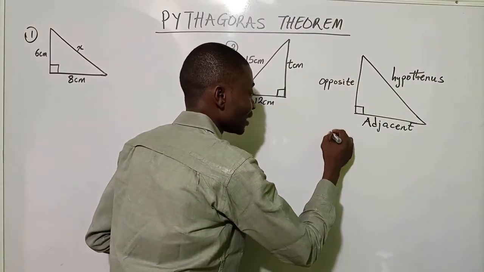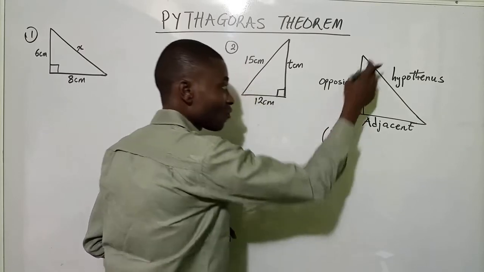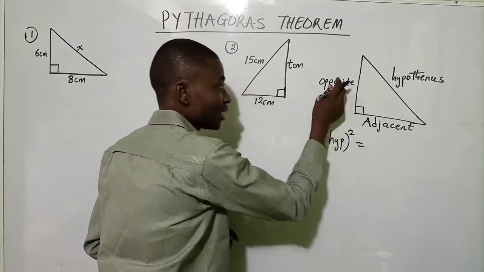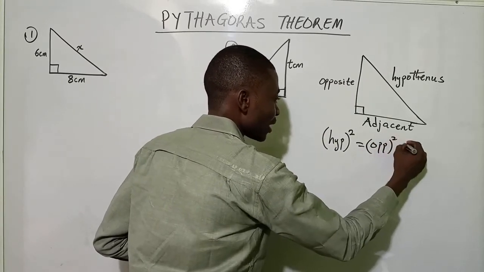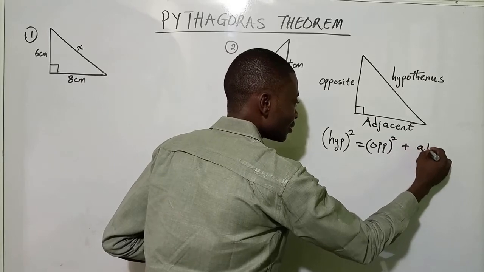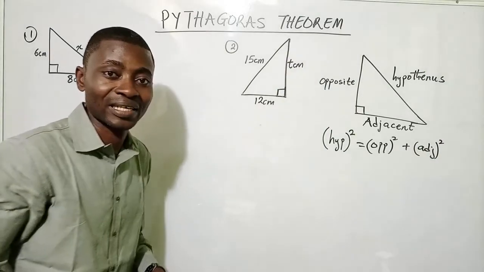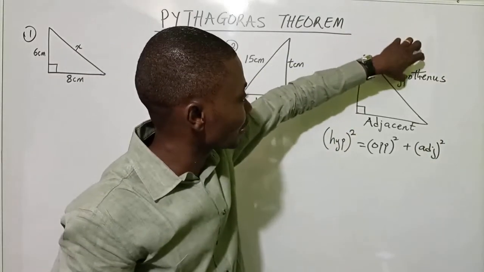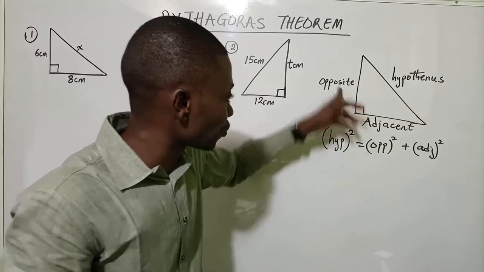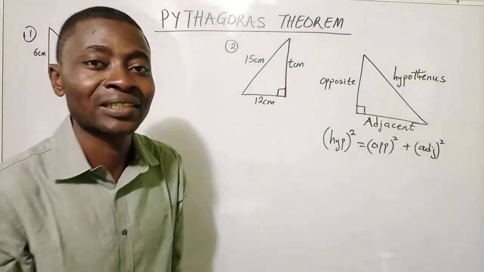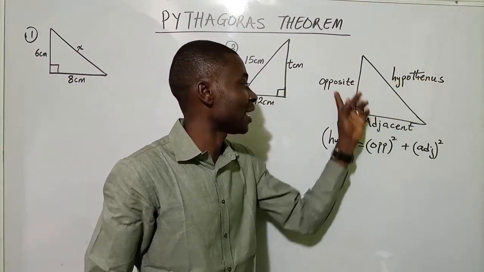It says that when you square the hypotenuse of a right angle triangle, it is going to give you the same as the opposite square plus adjacent square. So this is the rule, the theorem that will apply in calculating any of these.